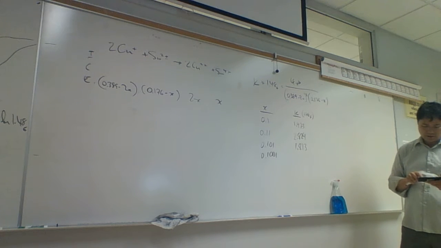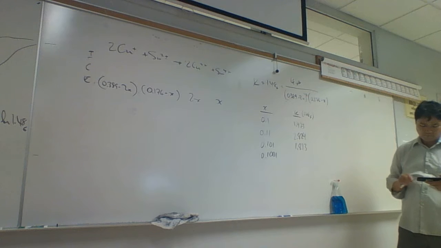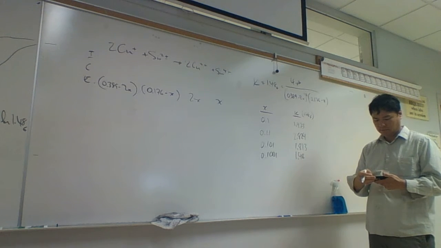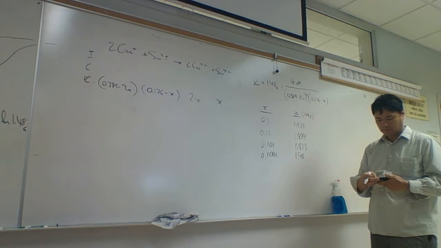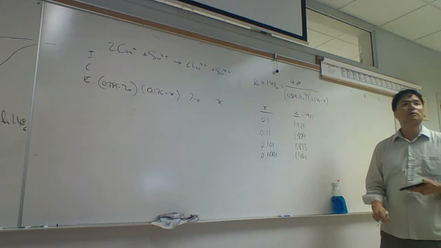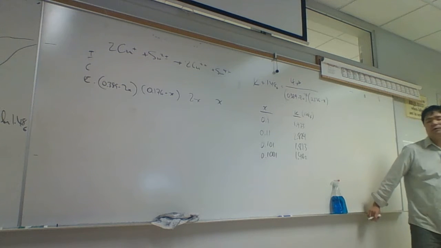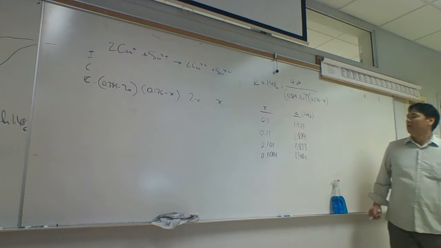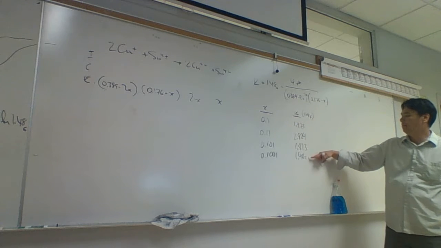Invert that, times 0.1001 cubed, times 4. 1.482. Ooh, so close. 1.482, just so close to that. I want to go for the 6.